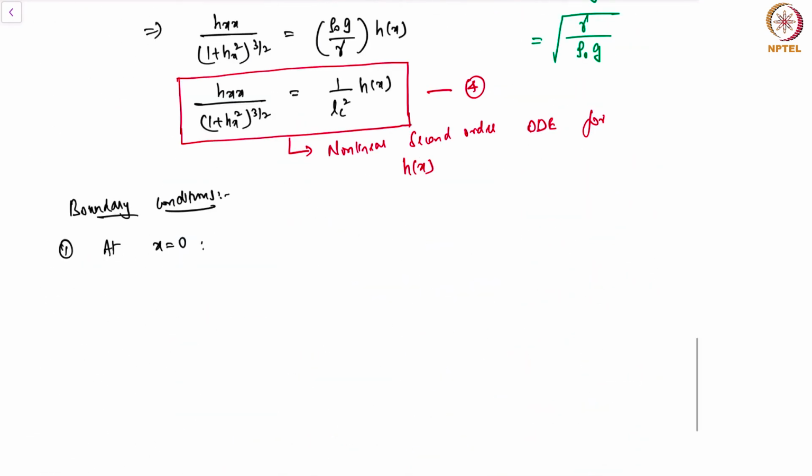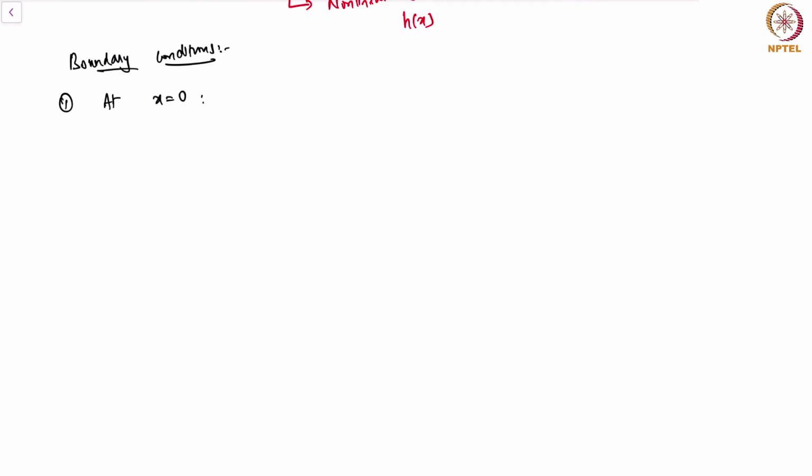So if we write down the boundary condition, we simply have tan of theta e will be minus dx by dh, or I simply have dh by dx at x equal to 0 will be minus cot of theta e.